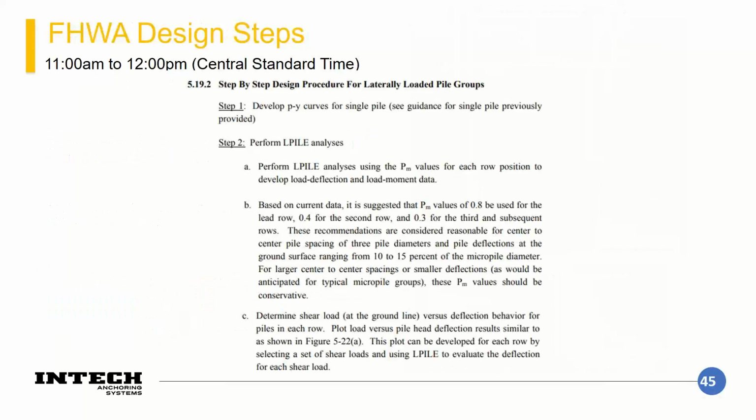So, going through the lateral load design steps, essentially first you want to run your LPile analysis using any of the modifiers that we talked about, if you've got the shadowing effects. What you're trying to do is figure out the maximum deflection and the maximum moment on your pile.